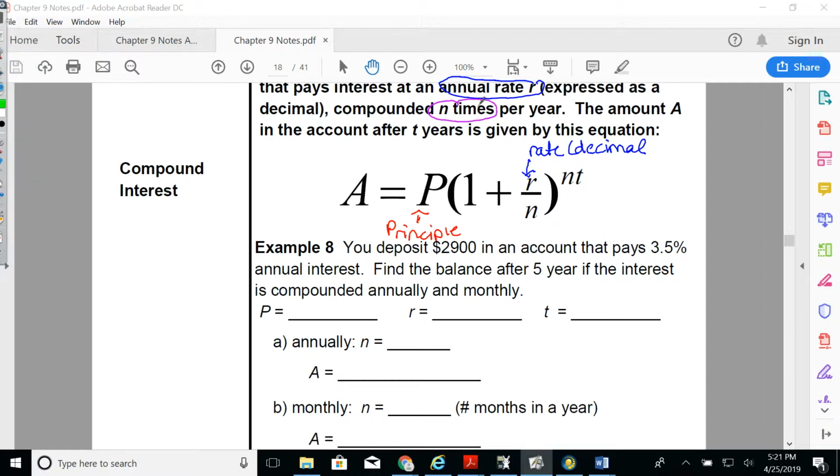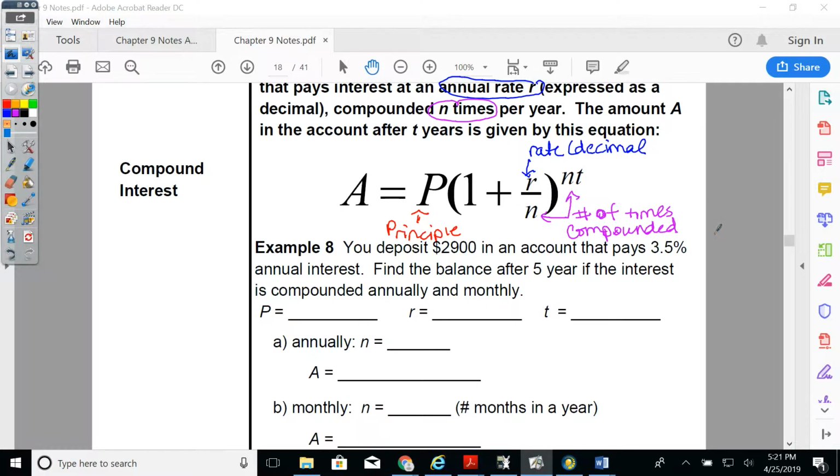So n here is the number of times it's compounded in a year. So this is the frequency, is basically what it's asking. How often is it being compounded?